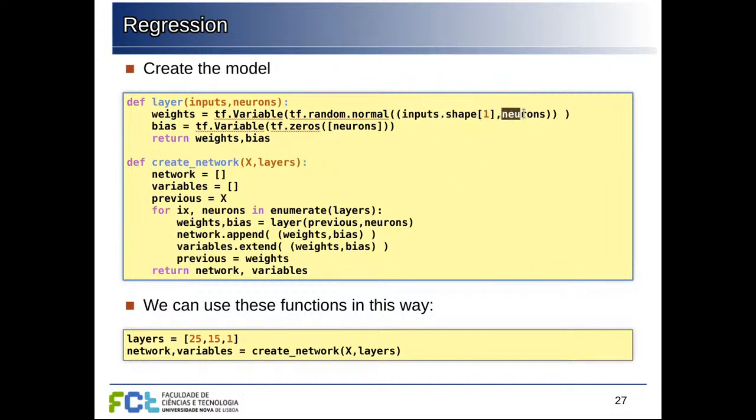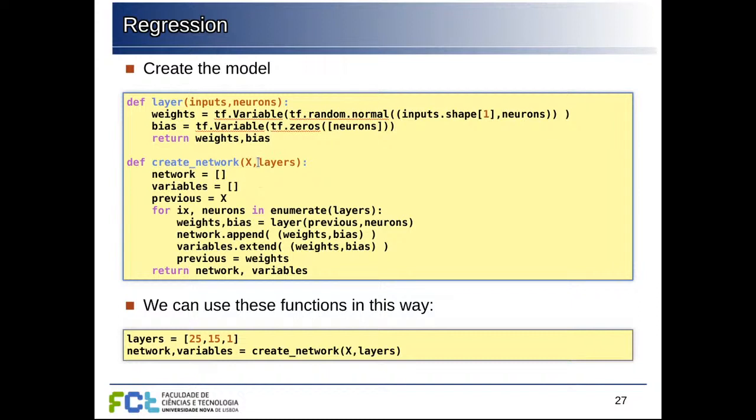The number of columns in this matrix of the weights for this layer will be the number of neurons. So these are the weights, and the bias is just an array with as many values as the neurons we have in this layer. So now we return the two tensors, the weights and the bias, having created the layer.